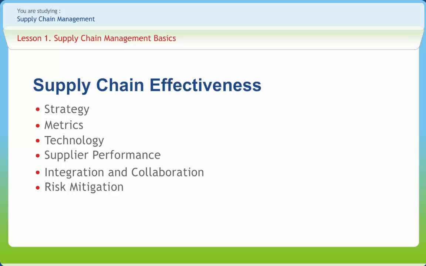Again, the better the integration and collaboration, the more efficient the supply chain is. A supply chain is effective if the entire supply chain can be assessed to identify critical areas, including suppliers, logistics service providers, ports, and other potential risks that could jeopardize the company's supply chain.